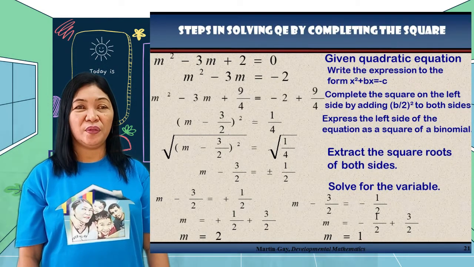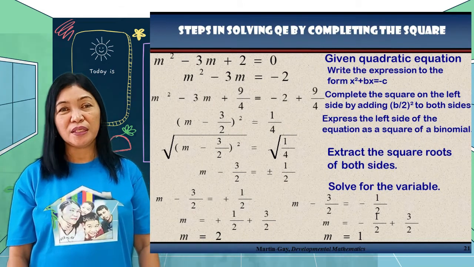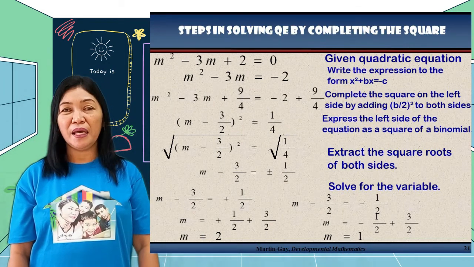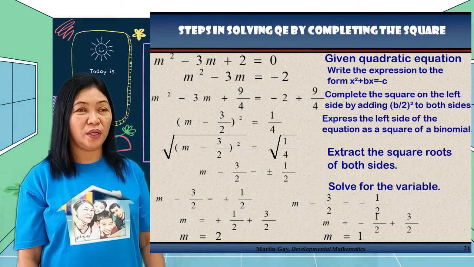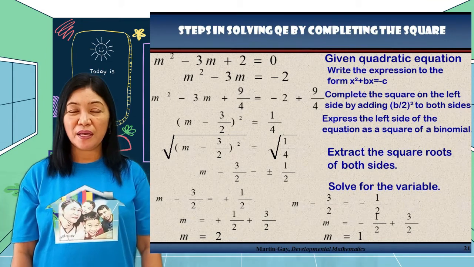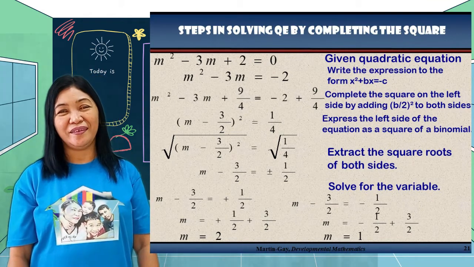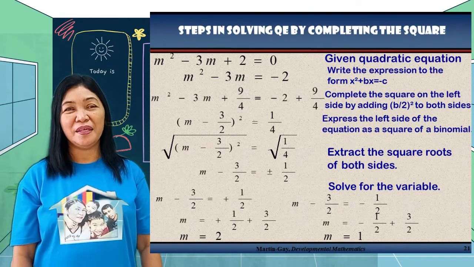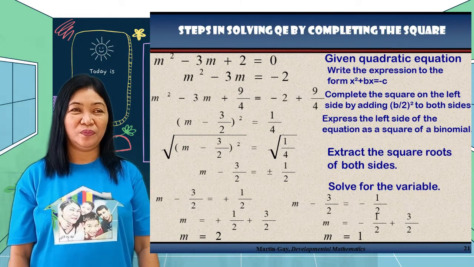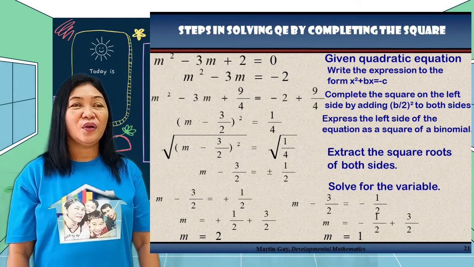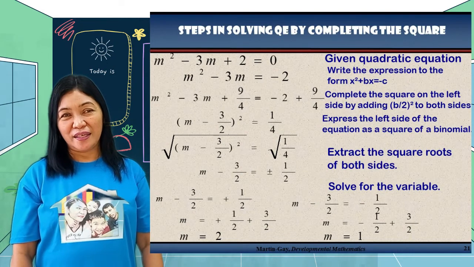Transpose 2 to the other side. Transposing a term is actually applying the addition property of equality. So the equation becomes m squared minus 3m equals negative 2.